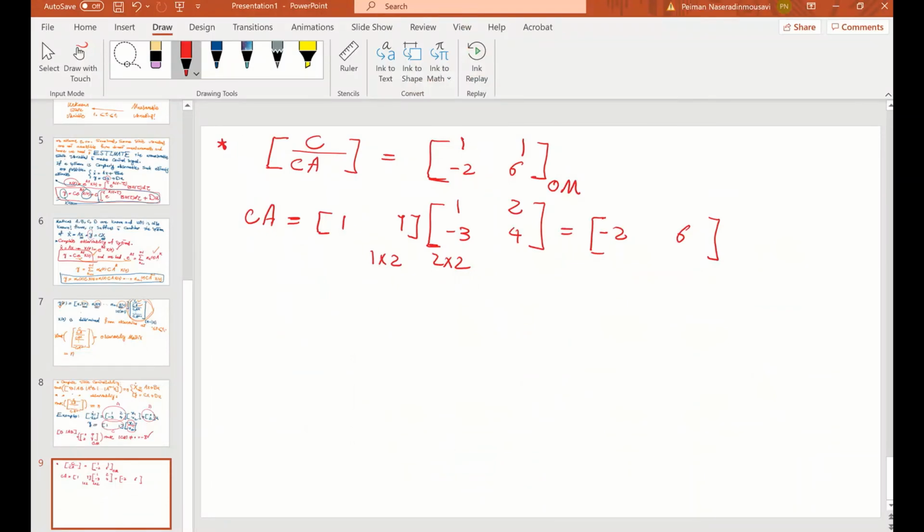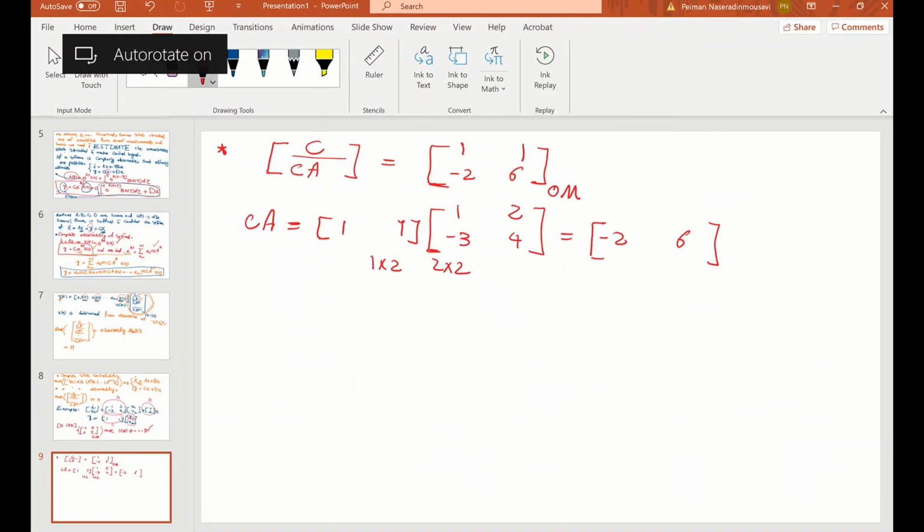When it comes to a transfer function, you have to know this rule.